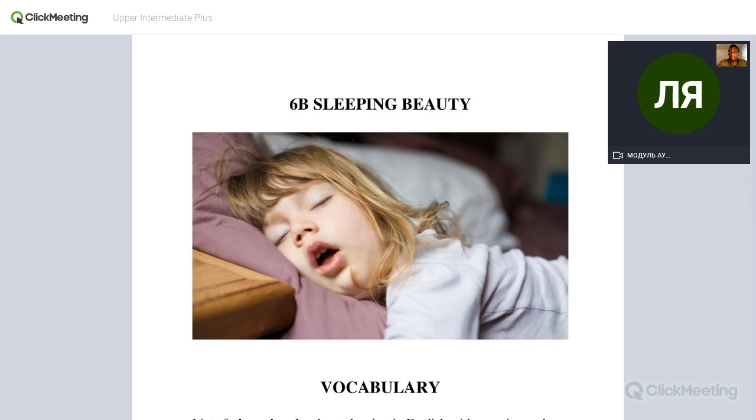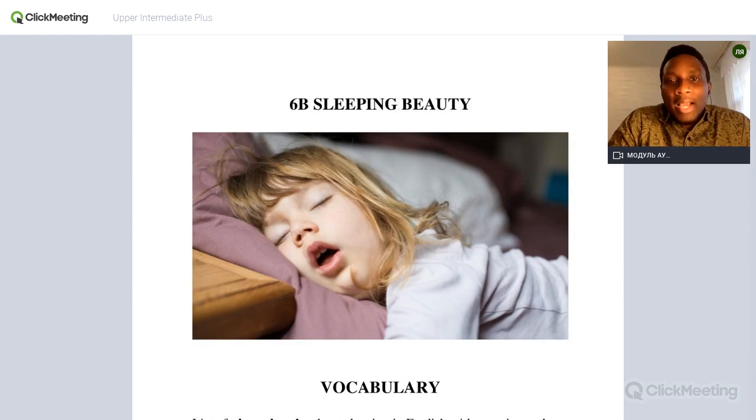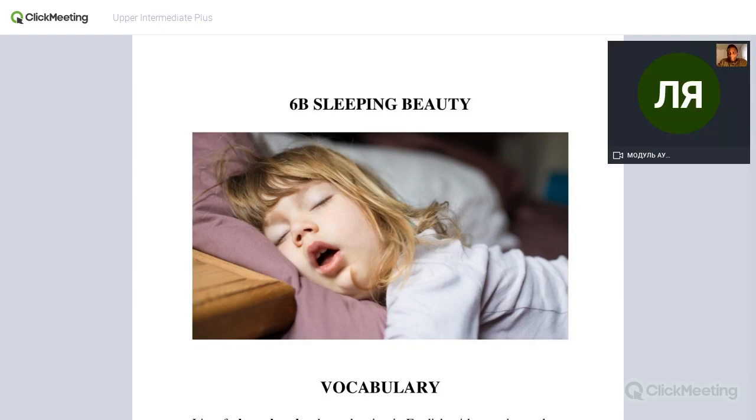How many hours do you sleep every day? I try to sleep about 8 hours a day, because if I sleep about 7 or 6 hours a day, I feel exhausted during the whole day. And would you like to sleep more? Of course, as every person, I would like to sleep more.